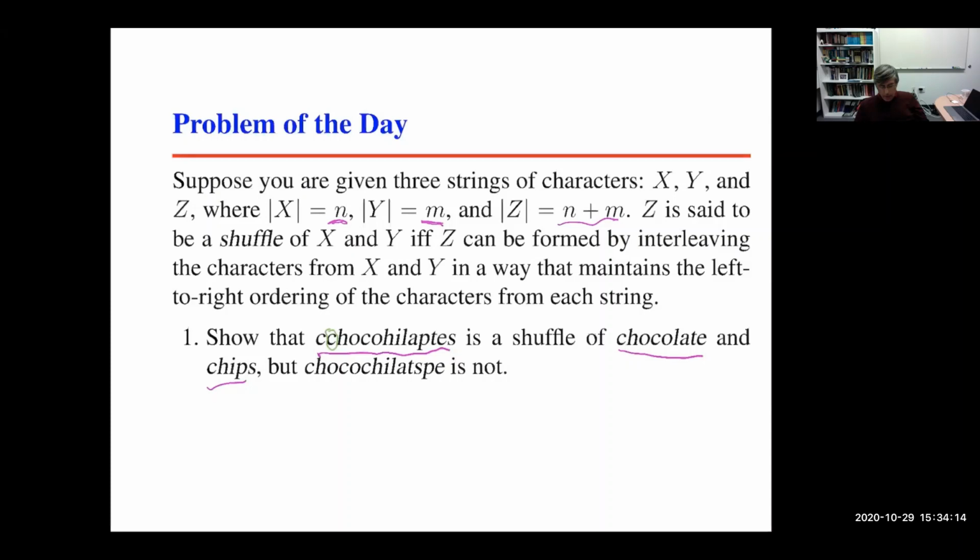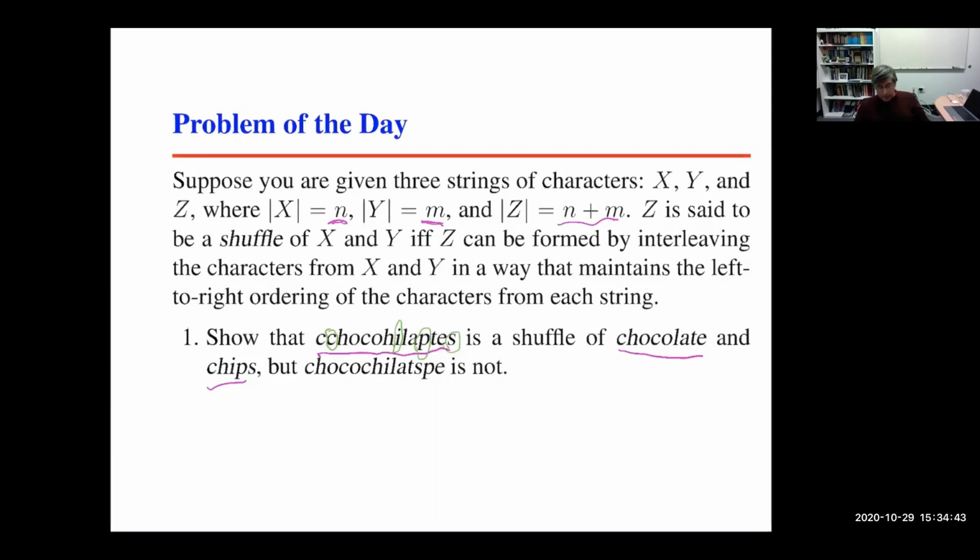The last letter of chips could be an S, so that's got to be it. There's only one P, so that's there. Now I need an I. There's only one I, so I can take that. And if I do this, can I take either of these H's?